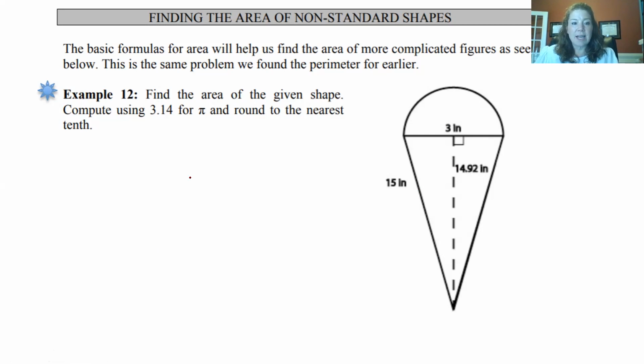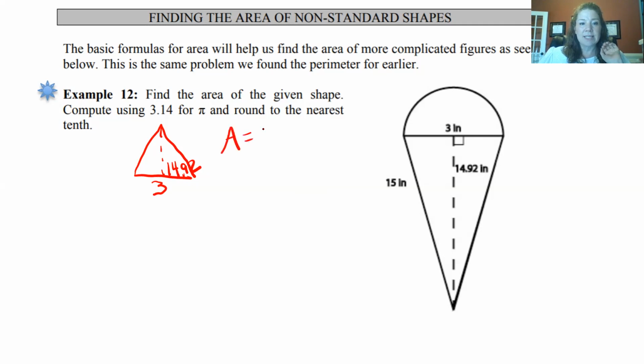All right, so basically our triangle, if you think of it kind of as upside down, our 90-degree angle is the side that's 3 inches long, and the height is 14.92. So those are the two lengths that we have to use for the base and the height of our triangle. All right, so area of a triangle is half the base times the height.